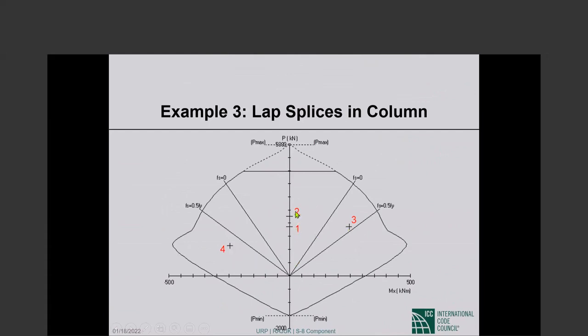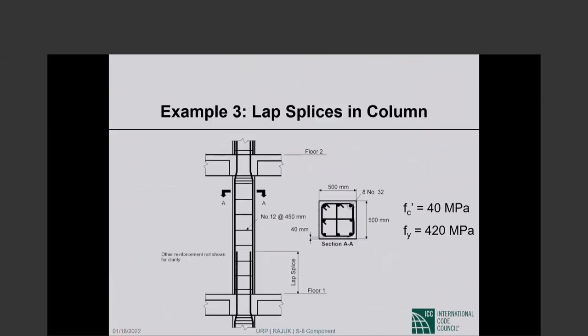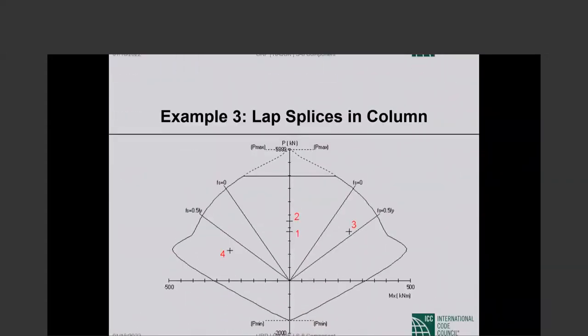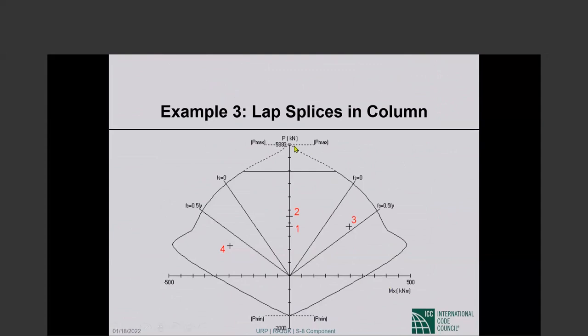1 and 2 have only axial load, no bending moment. 3 and 4 are the additive seismic load combination and the counteractive seismic load combination. Now for this column section, 500 by 500 with 8 number 32 bars, we have developed the load moment interaction diagram.